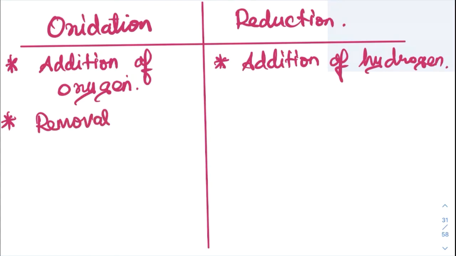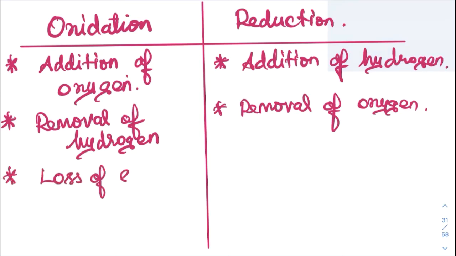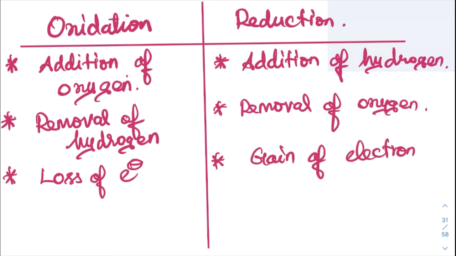Second definition. Removal of hydrogen is called oxidation. Here, removal of oxygen is called reduction. And then, loss of electrons is called oxidation. Gain of electrons is called reduction.